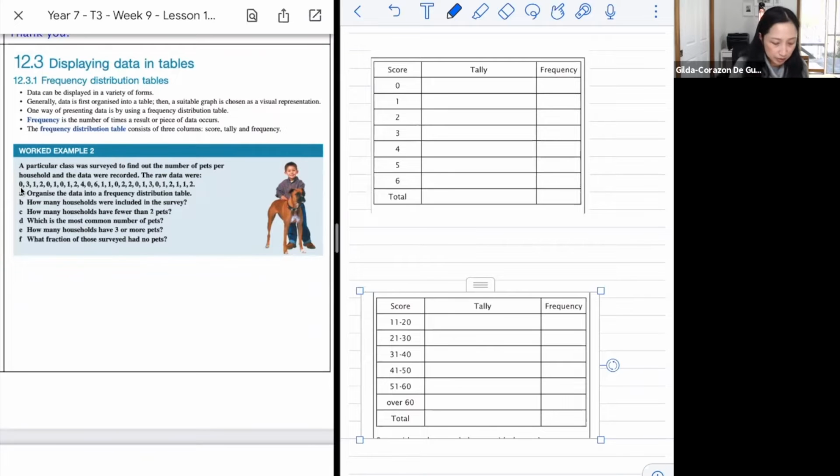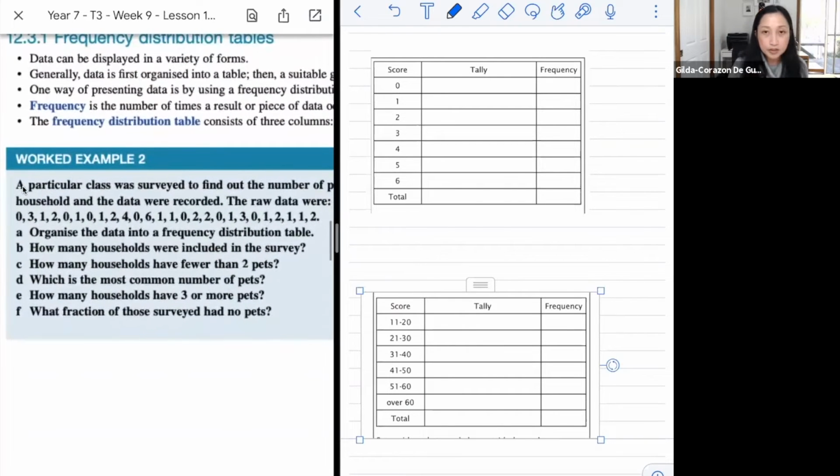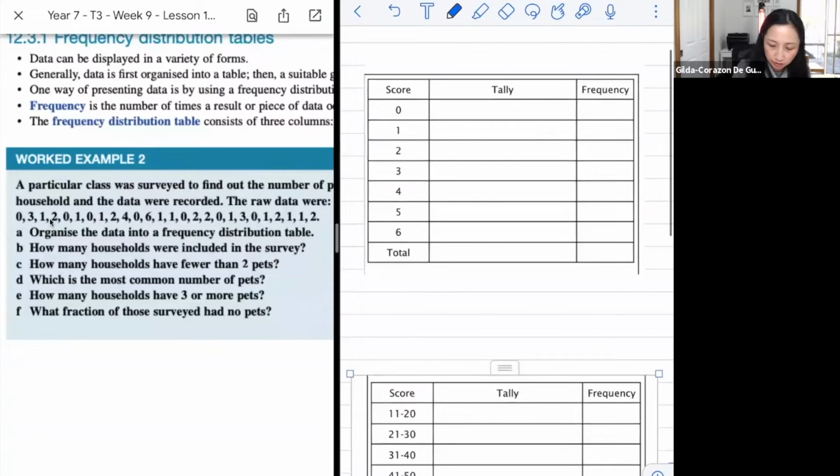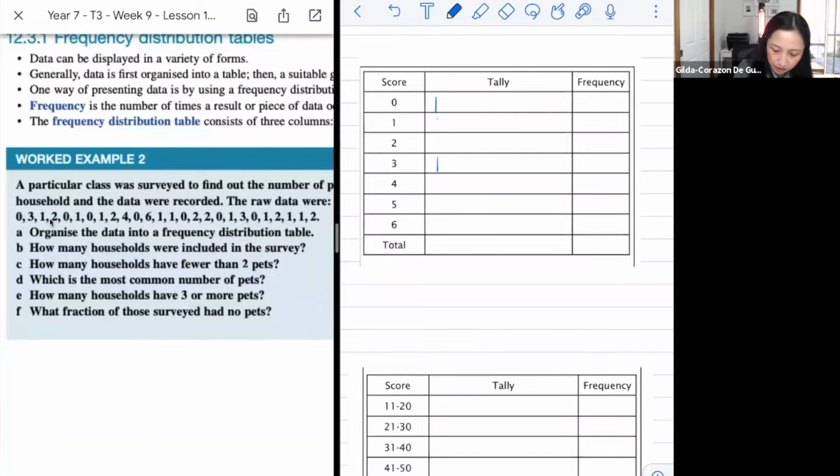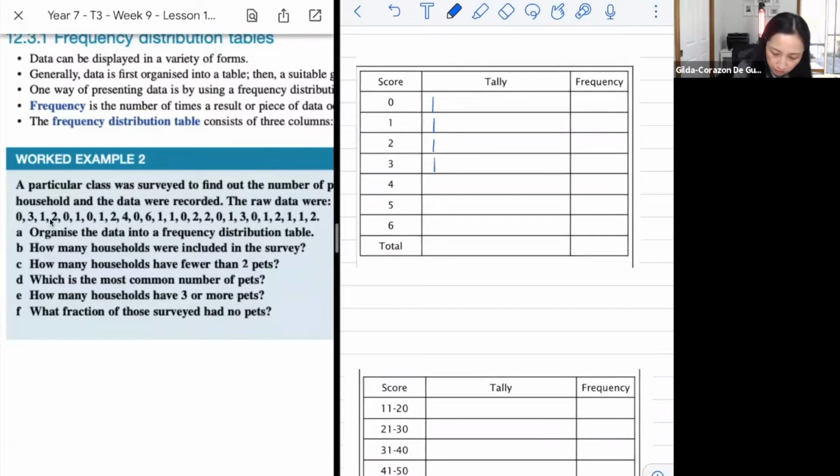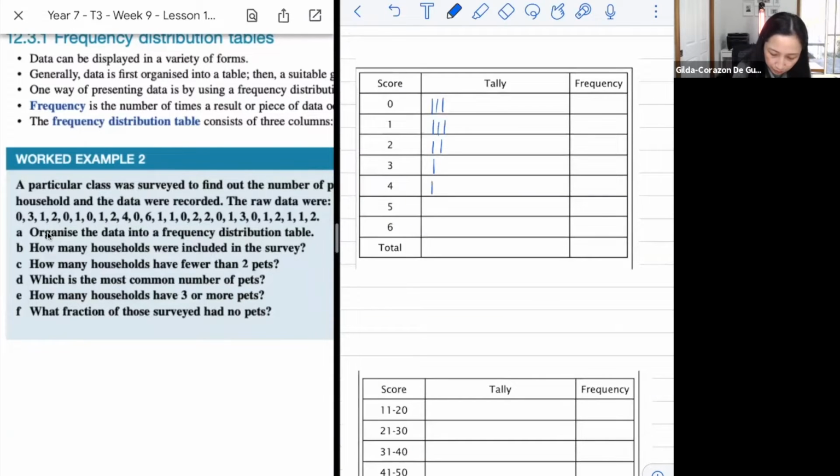When we tally, we put a stick or a dash whenever we encounter that score. So for example, you would have 0, 3, 1, and then 2, 0, 1, 2, 0, 1, 0, 1, 2, 0, 1, 2, 4, 0, 6, 4, 0, 6, 1, 1, 0, 1, 1, 0, 2, 2, 0, 2, 2, 0, 1, 3, 0, 1, 3, 0, 1, 2, 1, 1, 2, 1, 1, 2, 1, 2.